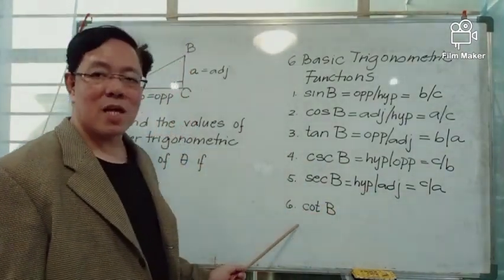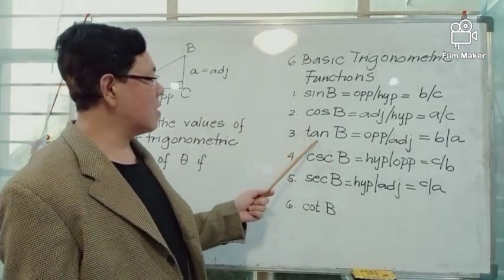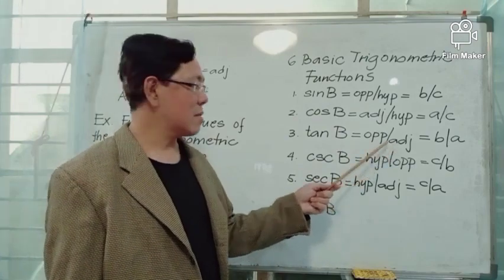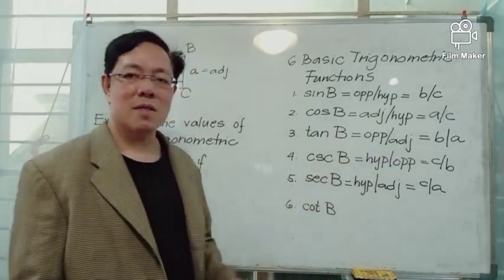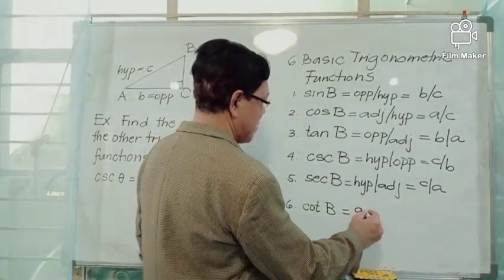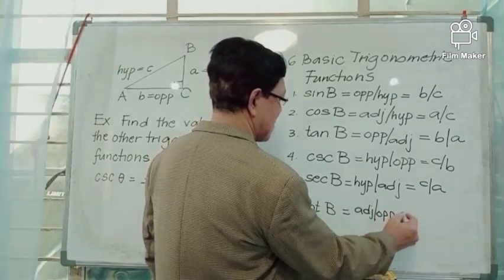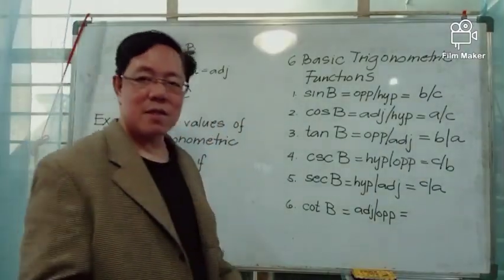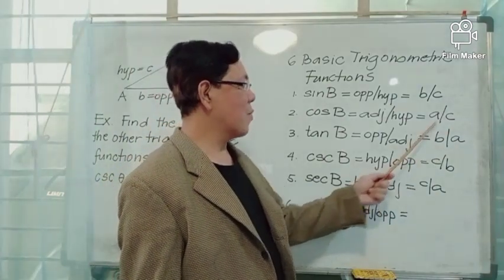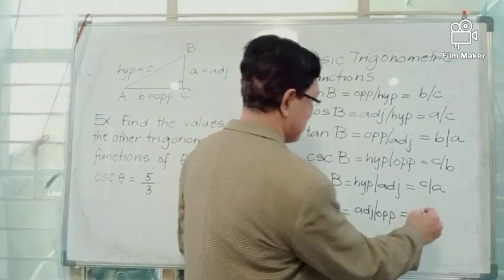And lastly, cotangent of the acute angle B is the reciprocal of tangent B, whose value is opposite over adjacent, and its reciprocal is adjacent over opposite. So cotangent of B is adjacent over opposite, and it is equal to the reciprocal of b over a, which is a over b.